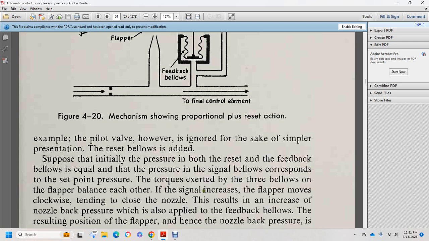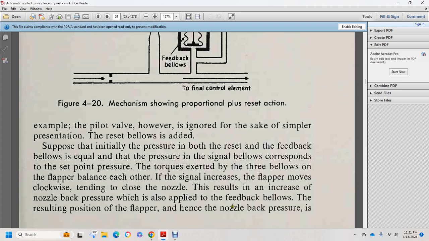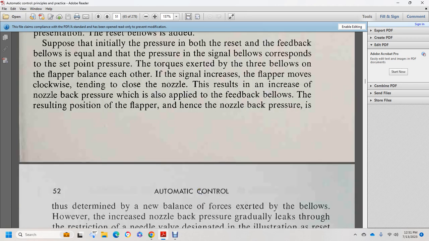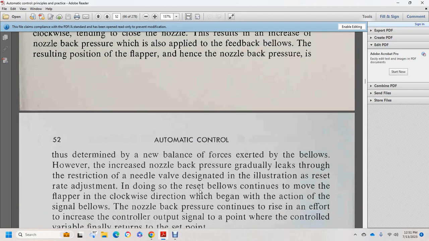At the set point, the torques exerted by the three bellows on the flapper balance. When the signal increases, the flapper moves clockwise to close the nozzle. This results in an increase in the nozzle back pressure, which is applied to the feedback bellows itself. The result of the position of the flapper and the nozzle back pressure is thus to determine the new balance of forces exerted by the bellows. However, the increased nozzle back pressure leaks through the restricted needle valve, designated in the illustration as the reset rate adjustment, and into the reset bellows, which continues to move the flapper in the clockwise direction.